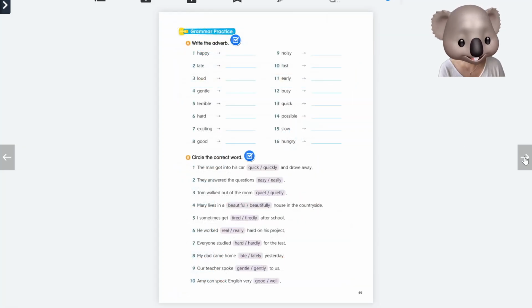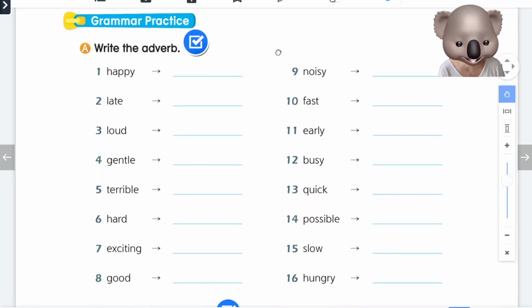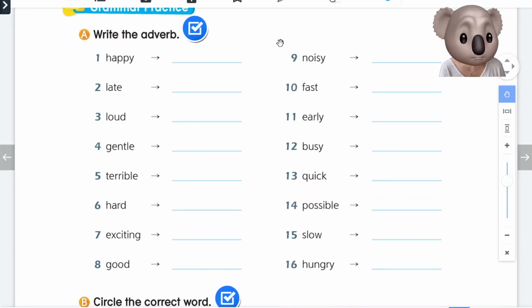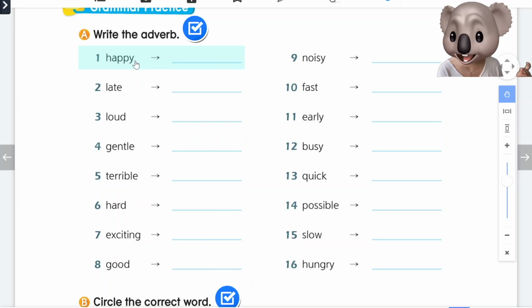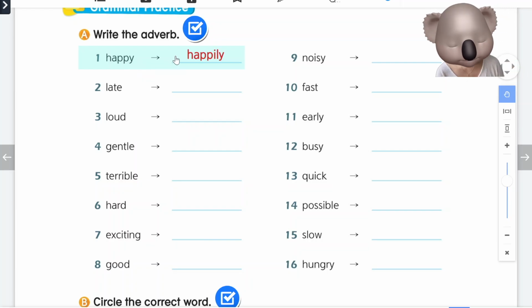If you're ready to get started with your homework, let's go! On page 49, the directions say to write the adverb. 보통, 대부분 ly 또는 ily 또는 그냥 y 붙이면 돼. Number 1, we have happy. We need to change the y to I, L, Y. Happily.